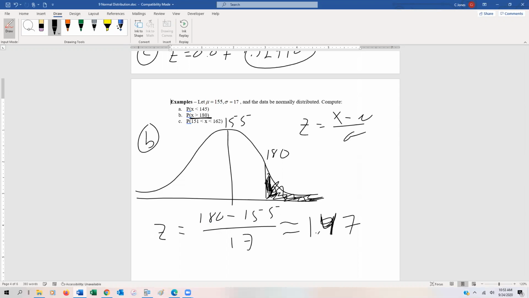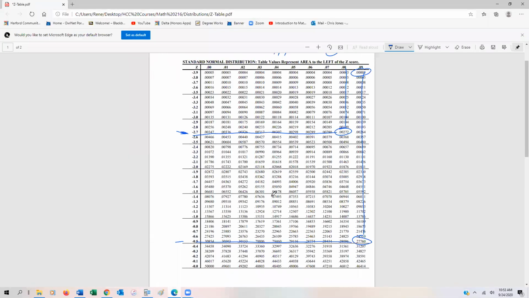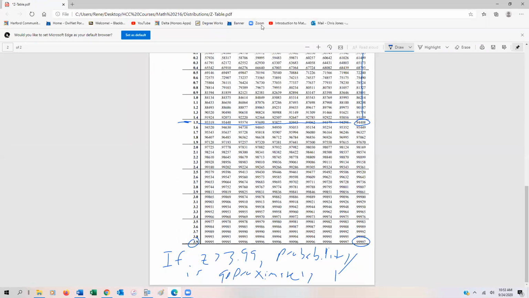1.47. Now remember, that's not the probability. All right, what we have to do is go into the table and look that up. We're going to need to convert that. So we're going to go to the z table and go to positive 1.4 in our table. Let me erase some of this stuff that I've already done.